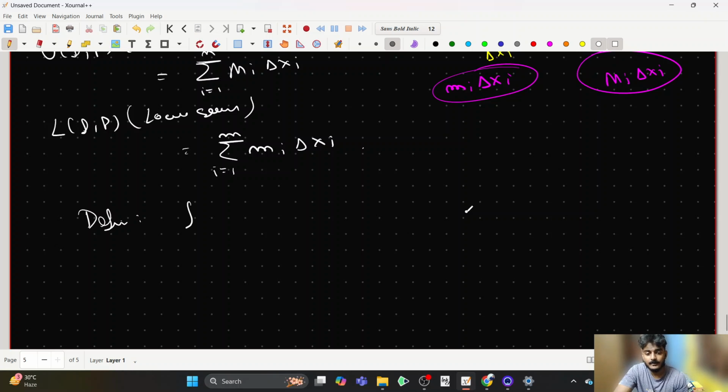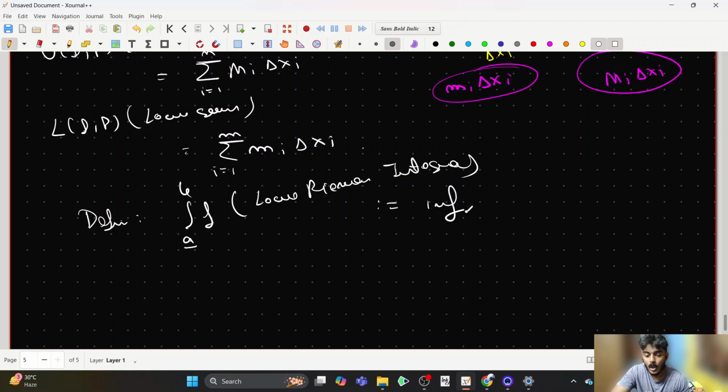So define, this is the notation, the lower Riemann integral of f from a to b, to be the supremum. Sorry, I need to take the maximum of all the constructions of the rectangles which approximate from below.